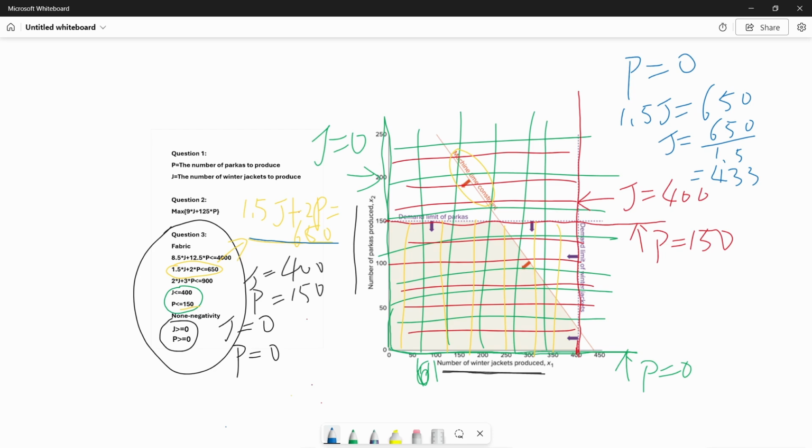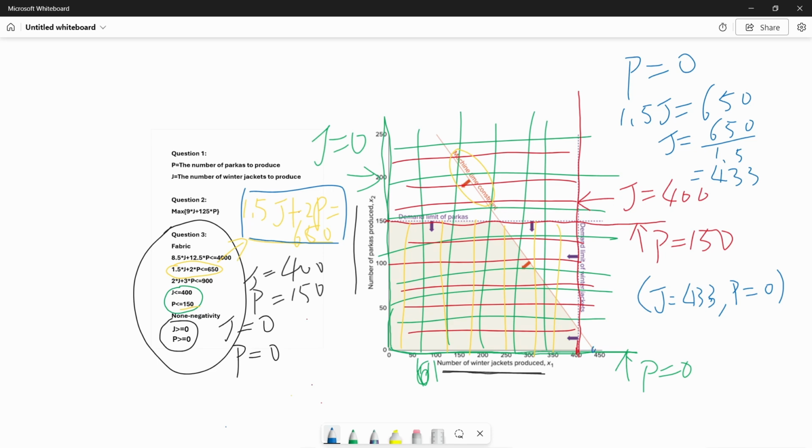Therefore, that tells me that when J equal to 433 and P equal to 0, that will be the first dot I can identify on this line. Okay, so I go to my diagram to find where J equal to 433 and P equal to 0. First of all, the horizontal axis is used to label jacket, so I'm looking for the value 433.